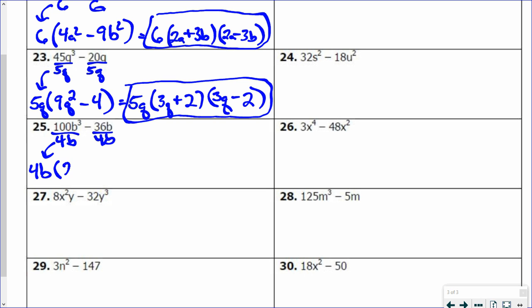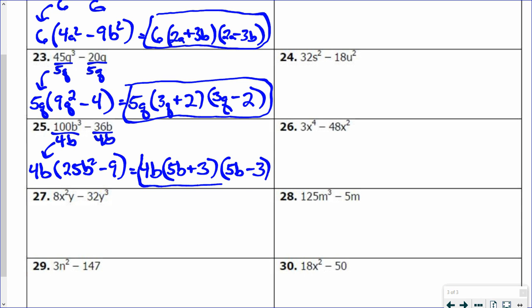So that would be 25b squared. 3 minus 1 gives me the b squared, minus 9. All right, now we're going to do difference of squares. So square root of 25b squared would be 5b. And the square root of 9 would be 3. And that's your answer.